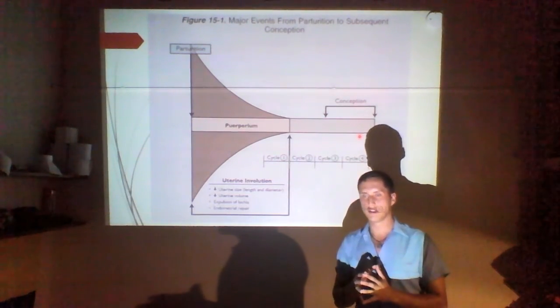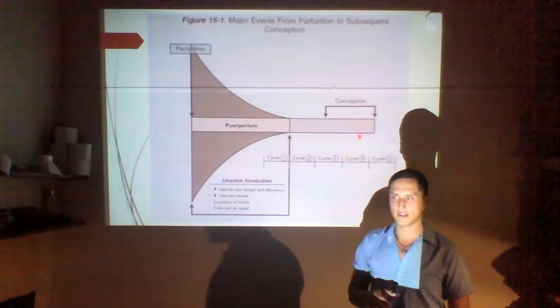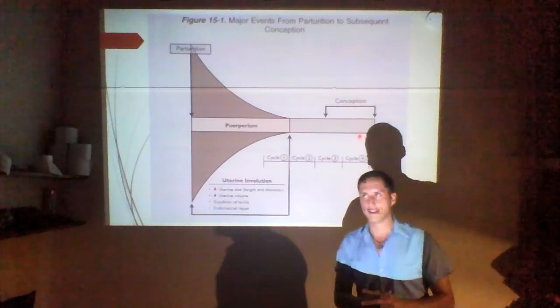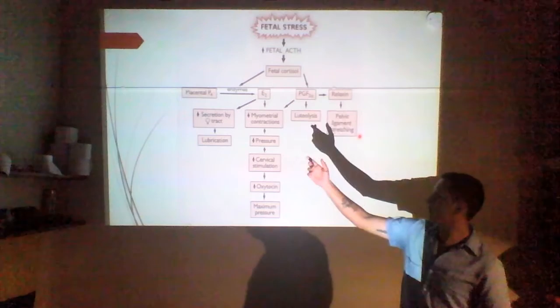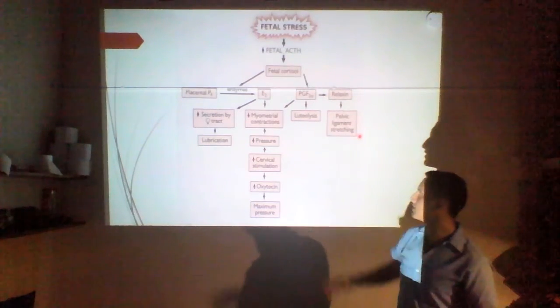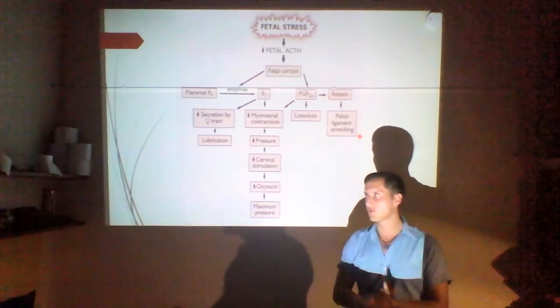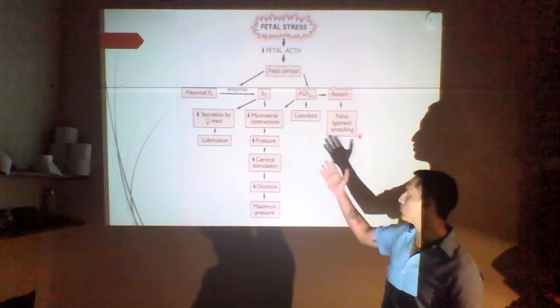The fetal cortisol is going to act on the progesterone, the P4 of the placenta, and with the enzymes, it's going to be transformed into the estrogen, or the estradiol E2.